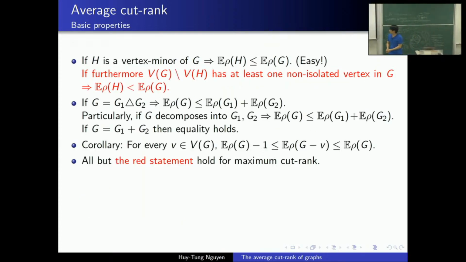Okay, and does the rest of the statements hold for the maximum rank? You can basically replace the average rank with the maximum rank in every statement, but not the red one.